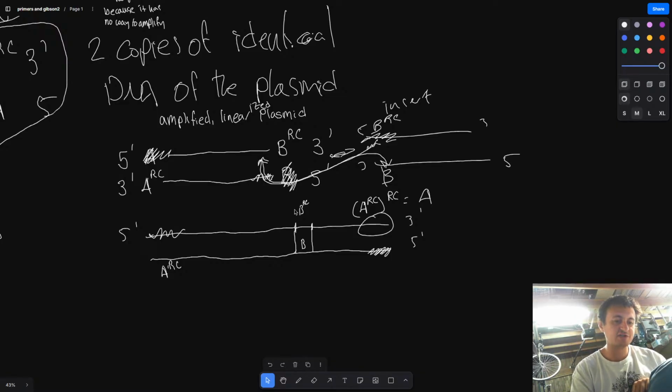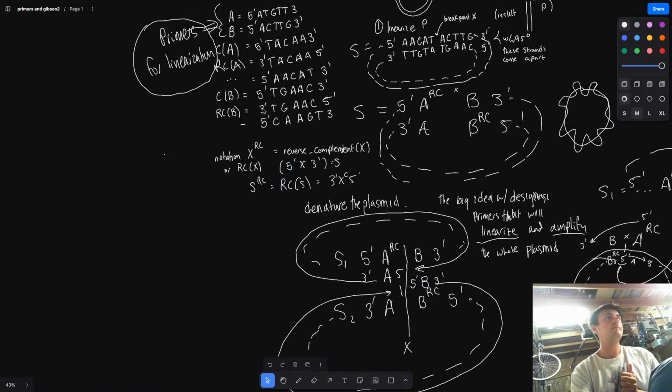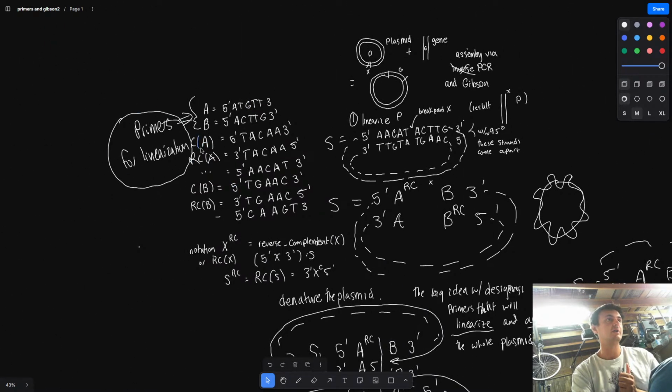So that means we've just finally computed what the DNA sequence of our gene fragment needs to be, including the overlaps. And one thing that I'm doing that's a little bit nasty is that these symbols up here, A, B, A complement, B complement, A and B reverse complement, I'm kind of treating them as generalized primers and overlaps.